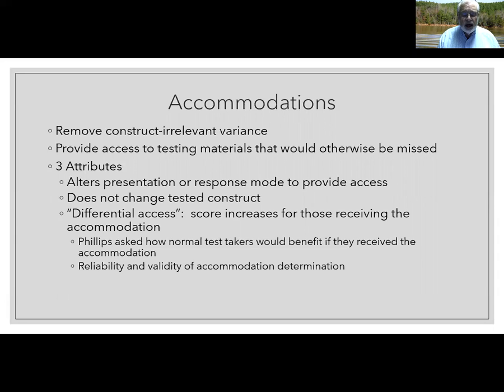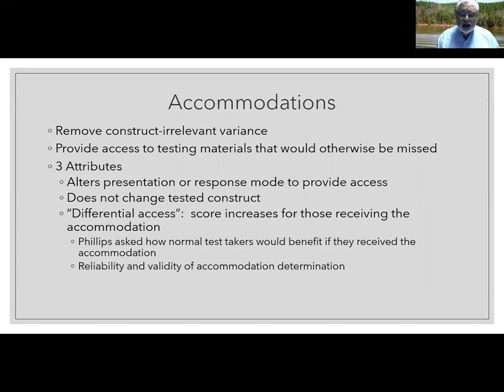But the 3 attributes that we believe make something an accommodation is that it alters the presentation or response mode to provide a person with a disability with access to the test, that it doesn't change the tested construct. So we still believe it's the same thing that we're measuring.